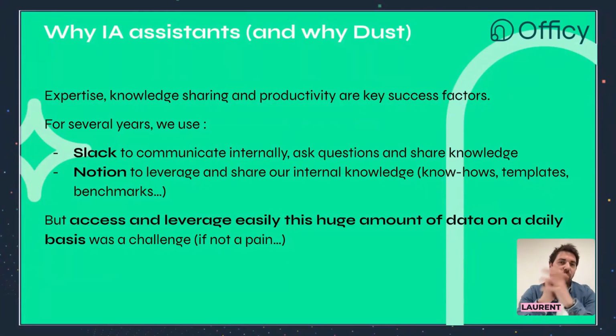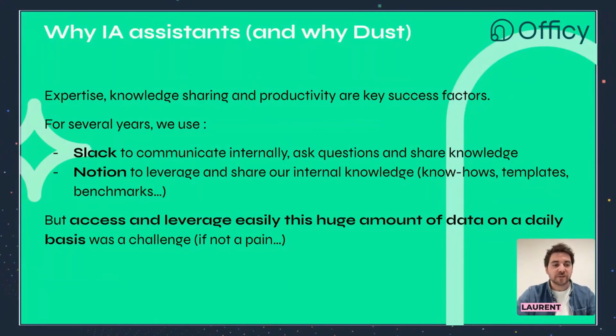AI assistance was very critical for us. Why? Because expertise, knowledge sharing, and productivity are very important in our job. For several years, we used different tools. First, Slack. We use it to communicate internally, to ask questions and share knowledge. And we did a quick calculation.